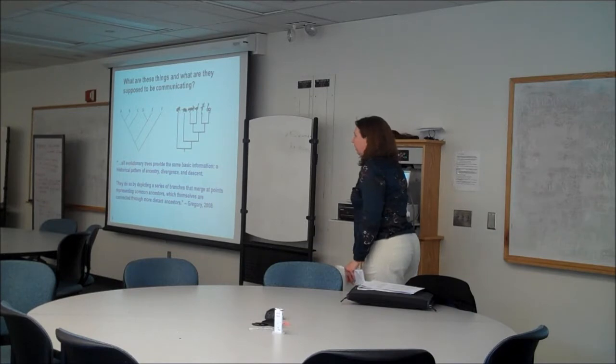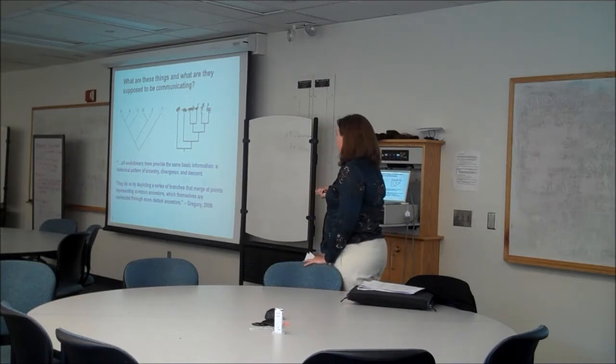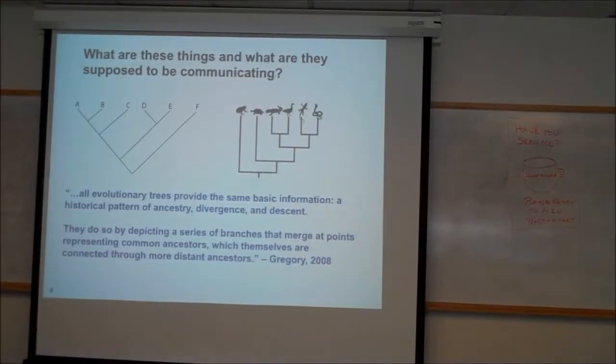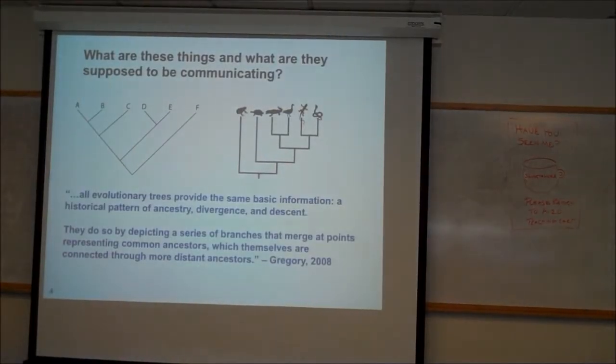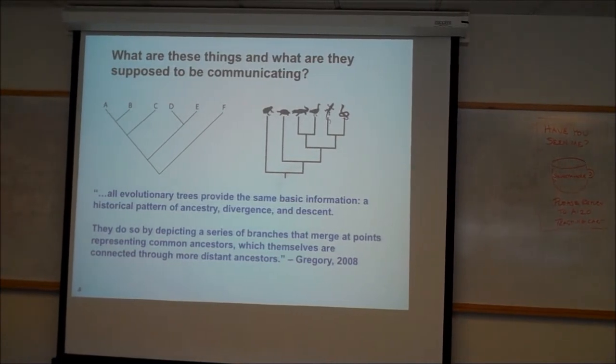So I think we talked a little bit about this. I like the way it's worded here. All evolutionary trees provide the same basic information, a historical pattern of ancestry, divergence, and descent. They do so by depicting a series of branches that merge at points.